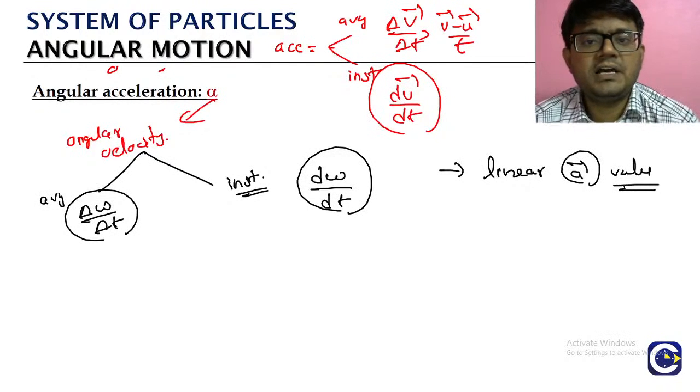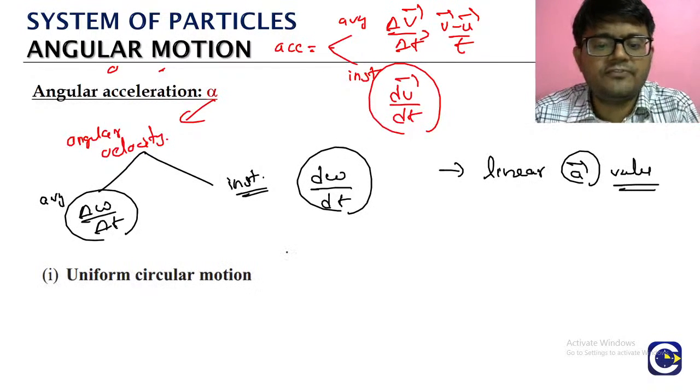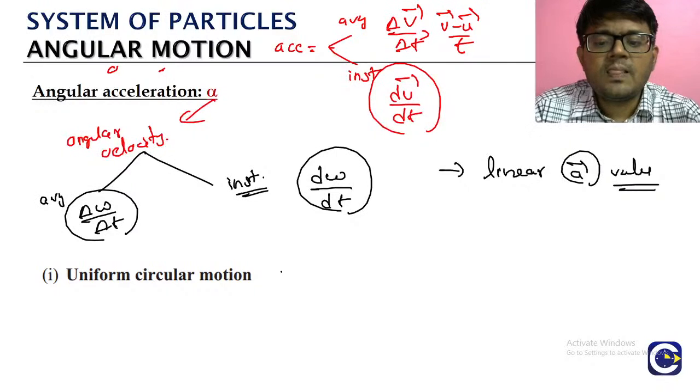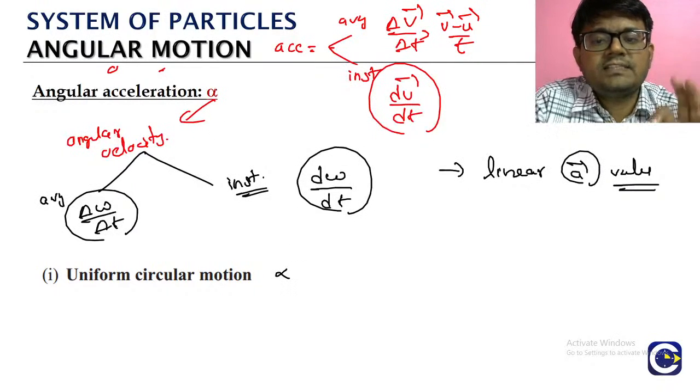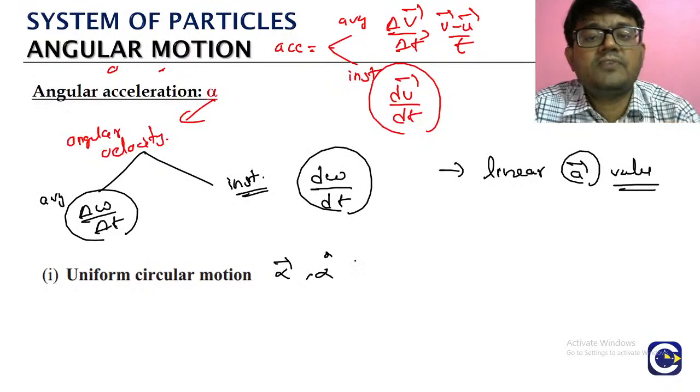Based upon the acceleration value, we classify the motion. Alpha is the symbol for the angular acceleration.